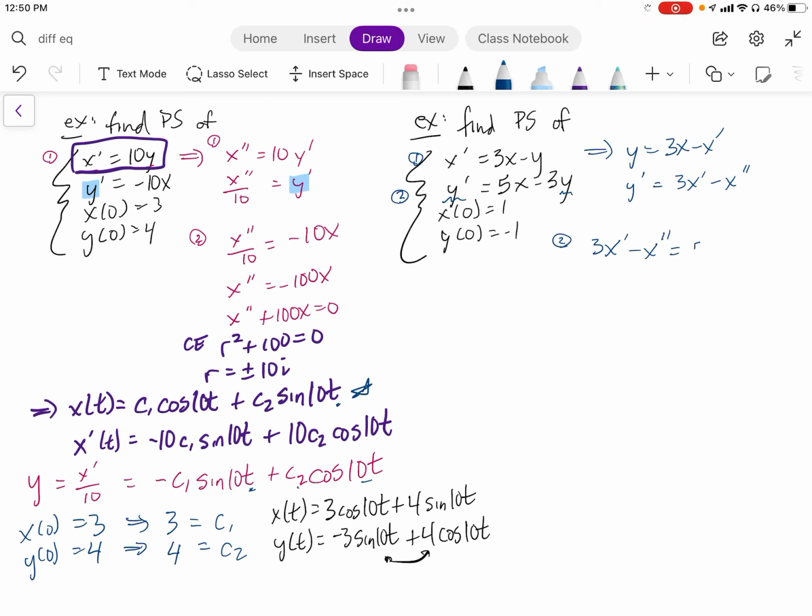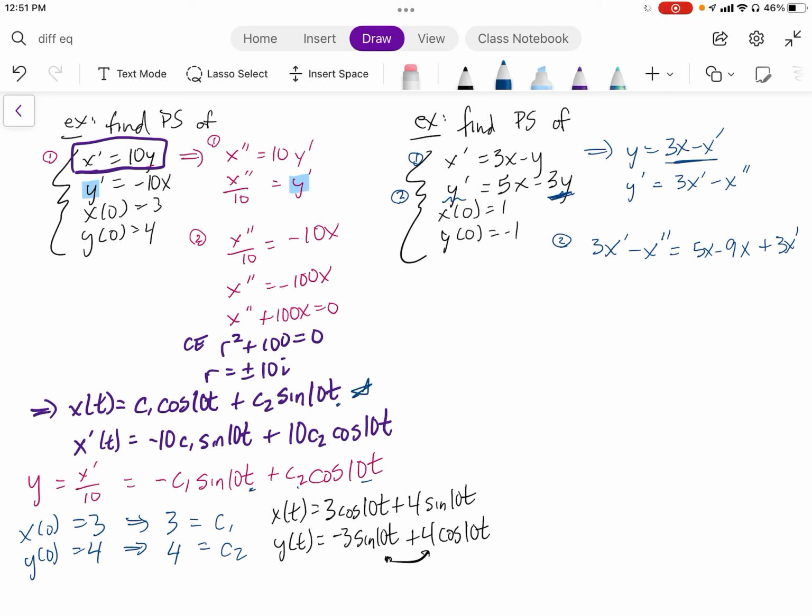On the right, we have 5x minus 3 times y, minus 3y, right? So we're using this here, but multiply by negative 3. So minus 9x and then plus 3x prime. Okay, now we have an equation all in terms of x of t.